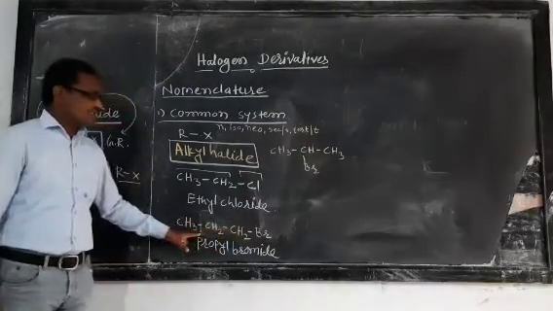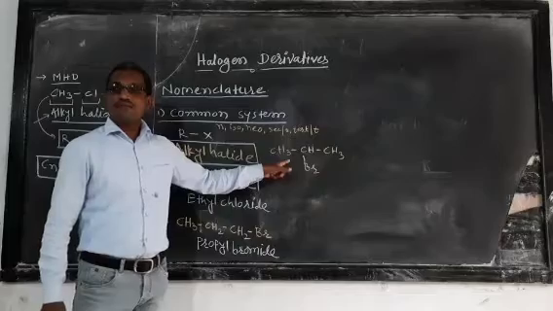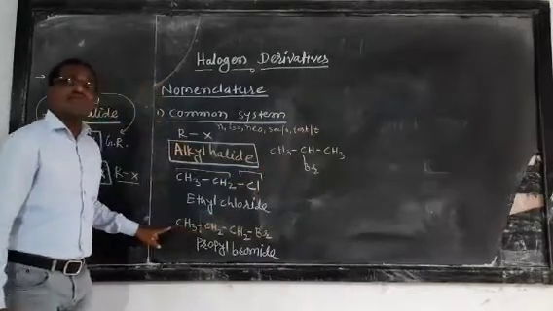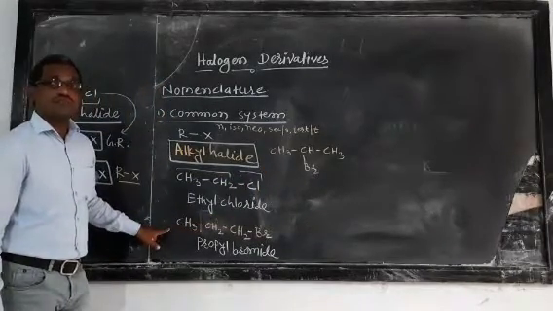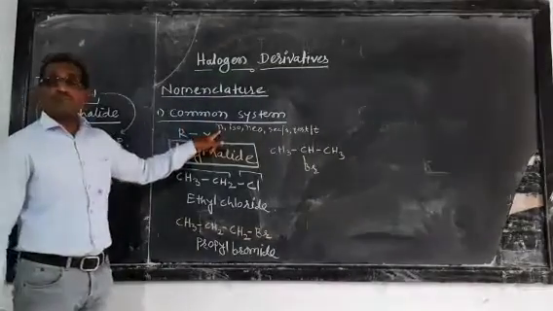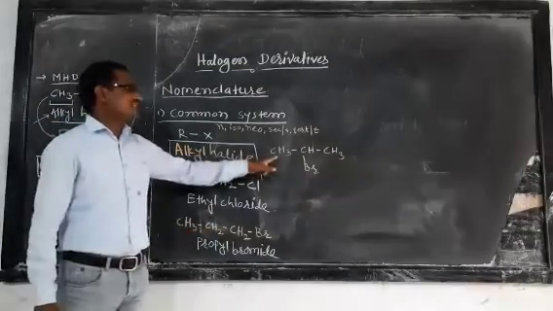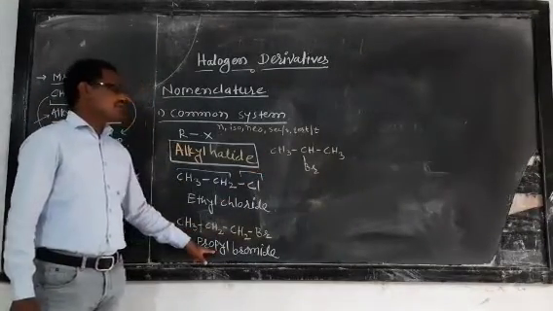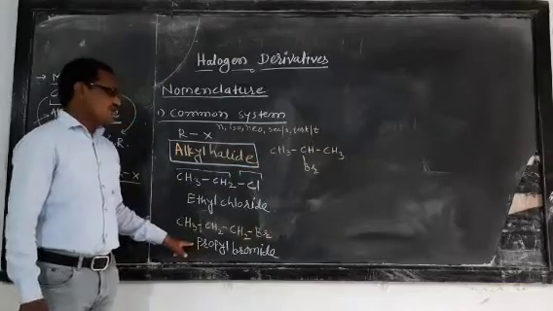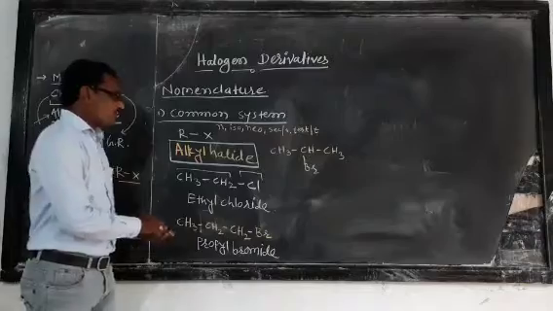But the structures of these examples are different, meaning these 2 molecules are different, they are not the same. According to our common name system, if we have not used these prefixes, the names of these two examples may be the same. This may be propyl bromide, or this may be propyl bromide.